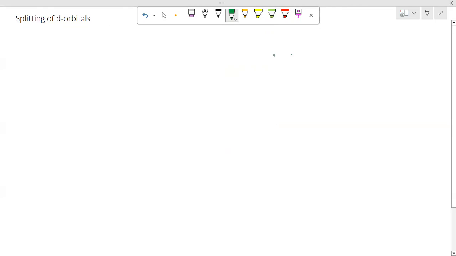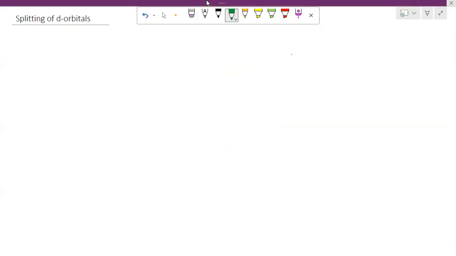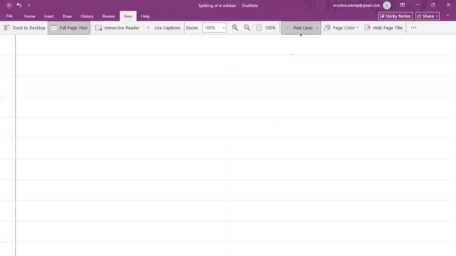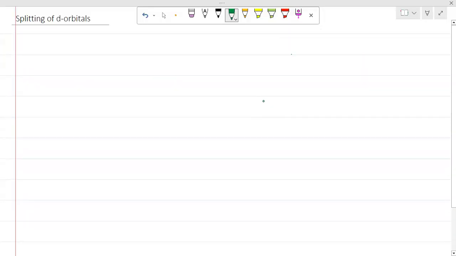So in today's session, we are going to learn about splitting of d orbitals in detail for the other geometries. This is going to be a rank booster session, something that you will have to mug up. Not all students will be able to solve these questions, to be honest, because the splitting of orbitals is not complete in any one reference.